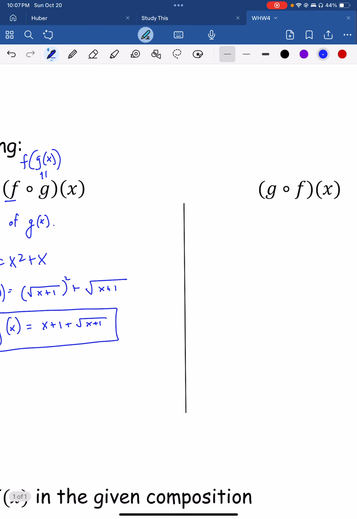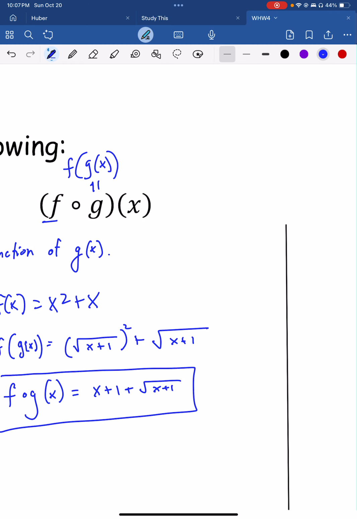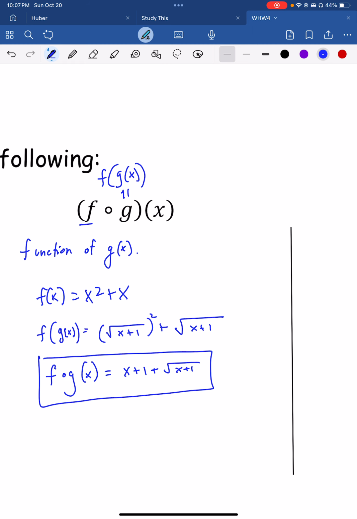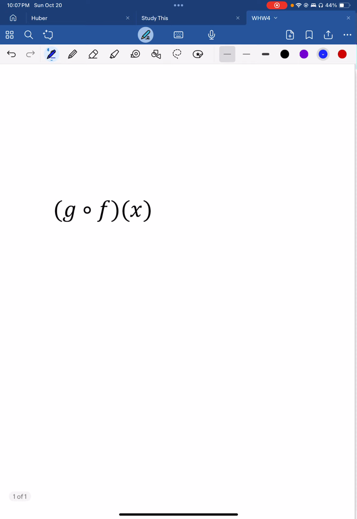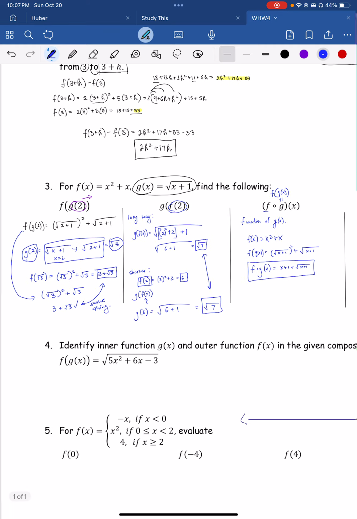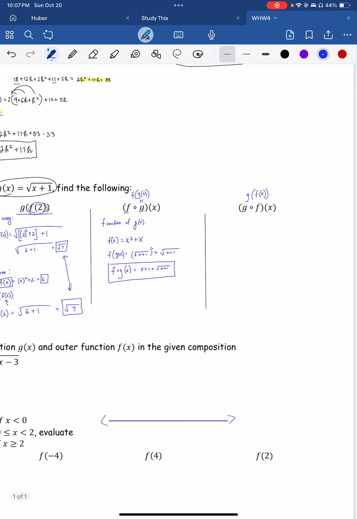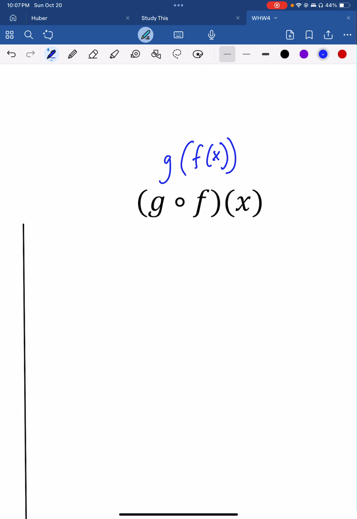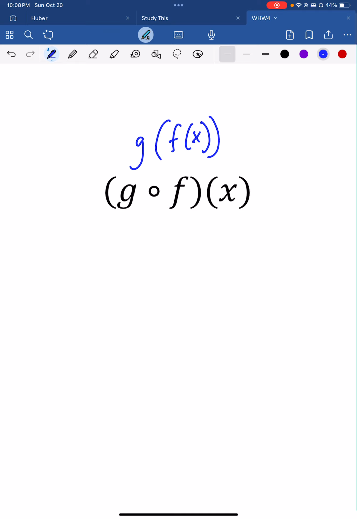In the same way that f of g of x is working from the outside in, so it's a function of g of x, this one is saying a g function of f, basically saying this. And this might look familiar because it's the same thing as this and this, except this is a better way of writing it, because it's saying g of f of x, and you just erase the f, and then you get g of f of x.